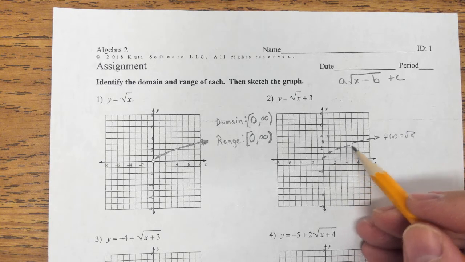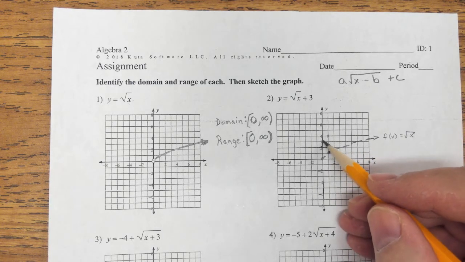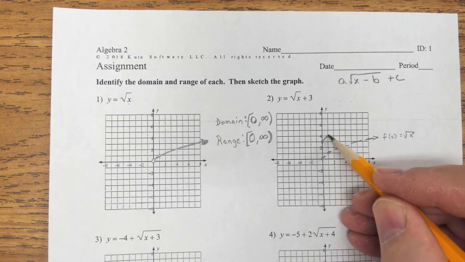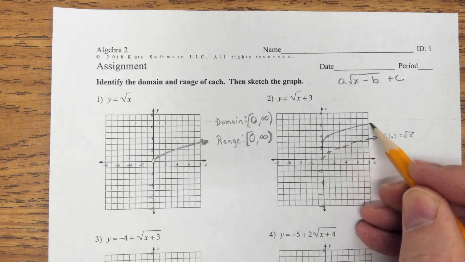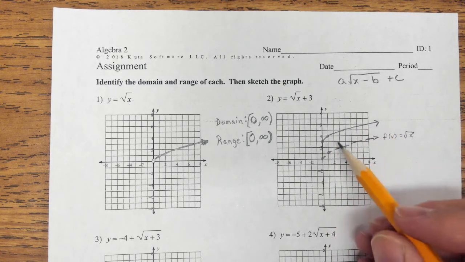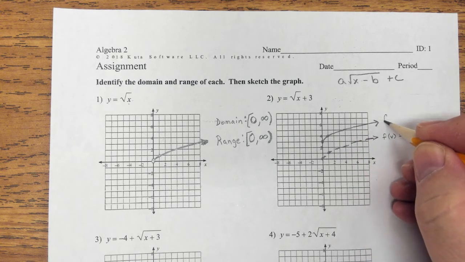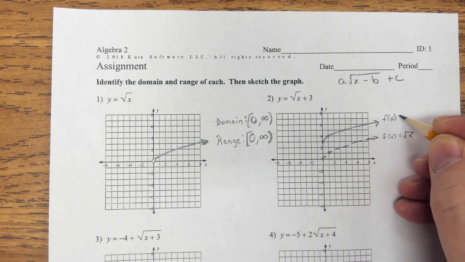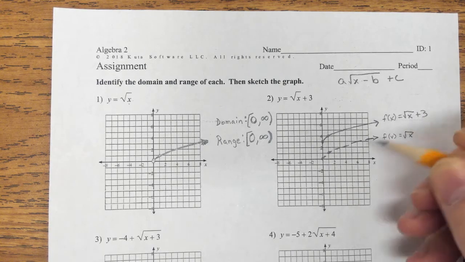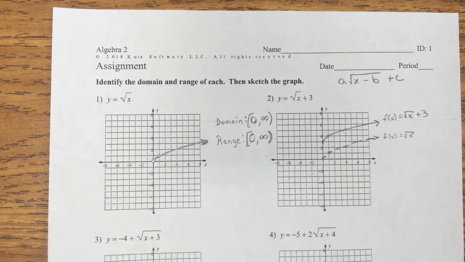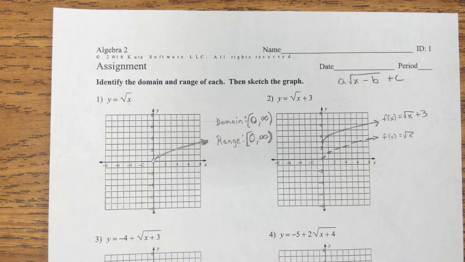And all of these points that are on this line are just moving up 3. So this now is f of x equals the square root of x plus 3. It just moved up. Okay? So that's all I would do.